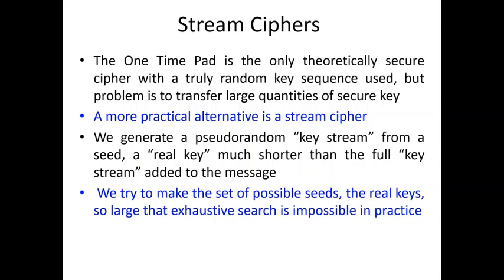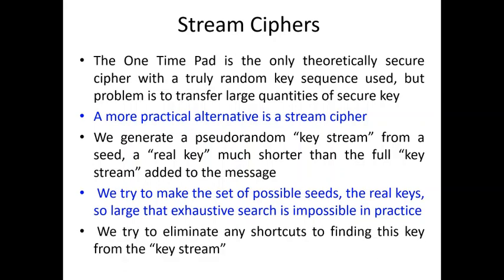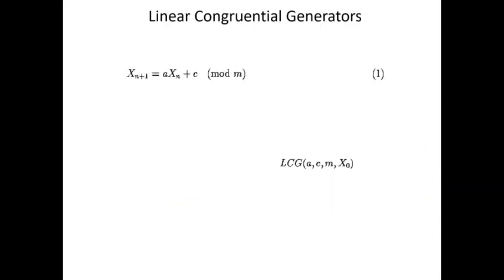That's the idea behind stream ciphers. Brute force will become impossible when we make the key space very large. The seed values, key space, everything is made large. We'll also try to eliminate any shortcuts of finding this key.